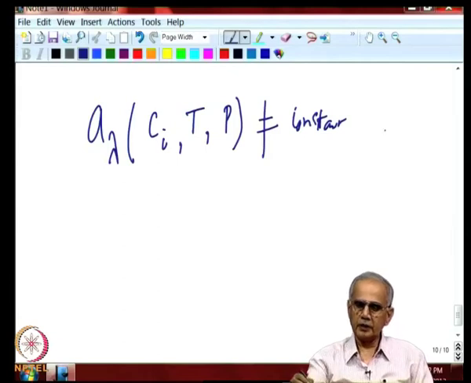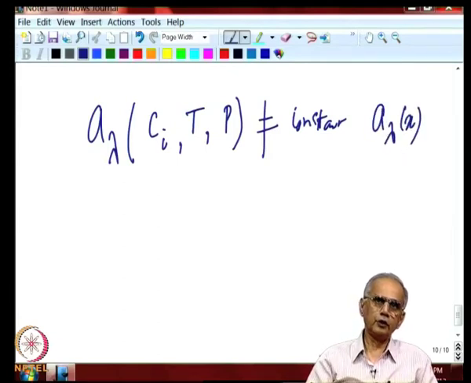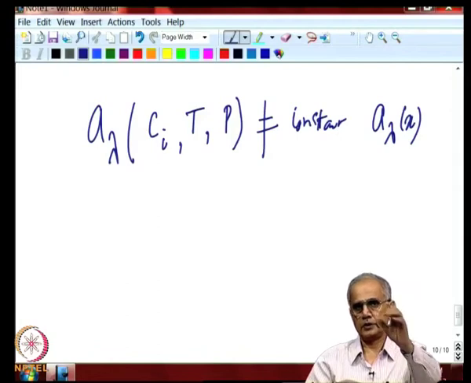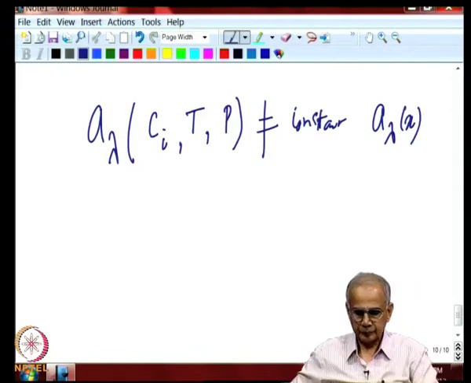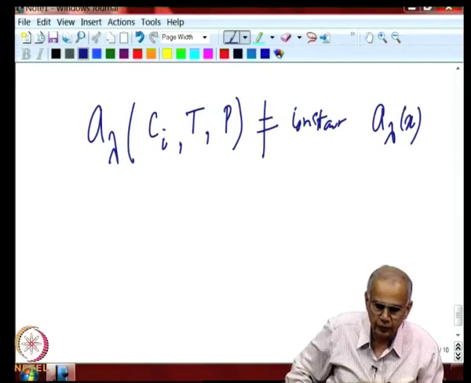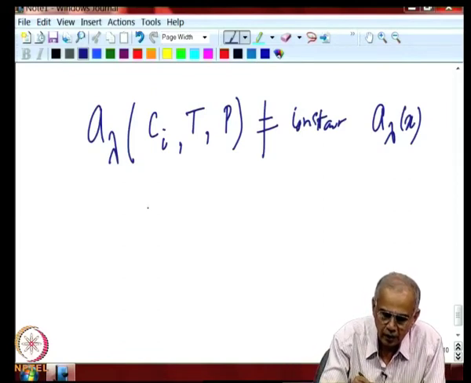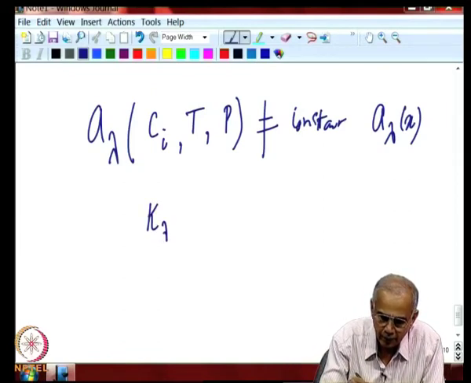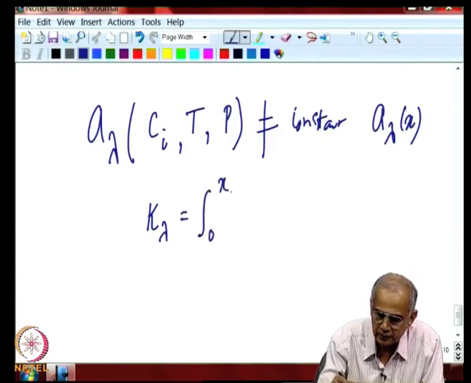So, if A lambda is a function of x and not a constant, you have to redo your calculation to allow for the fact that the absorption coefficient varies along the path in which your ray is traveling. When that is happening, it is good to define another quantity called kappa lambda, which is the integral from 0 to x of A lambda with a dummy variable.